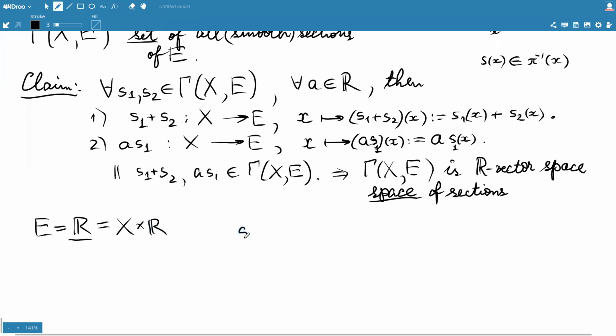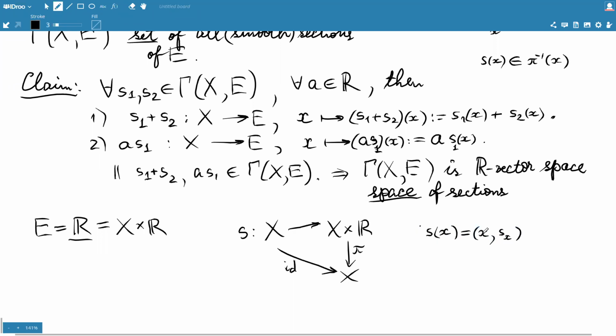So any section from X to X times R such that its composition with pi is the identity, this is the definition of a section, then S of, say, X will be a pair X and the vector in R. Let me just denote this by S sub X.